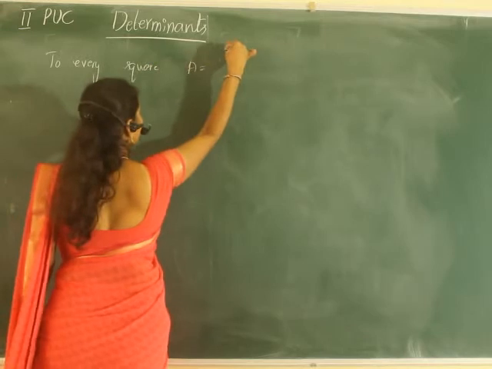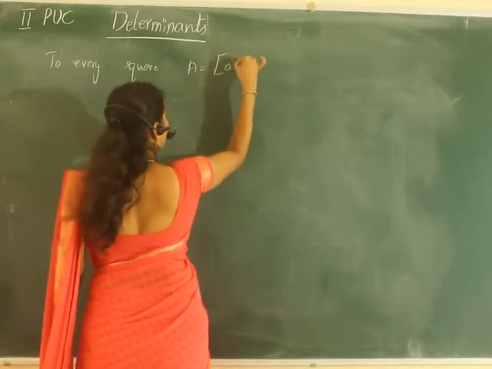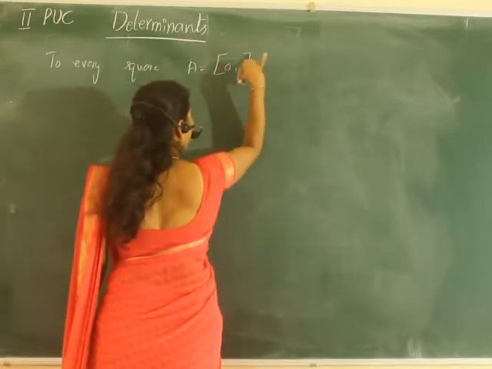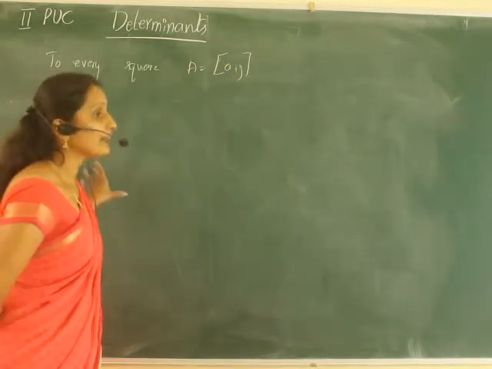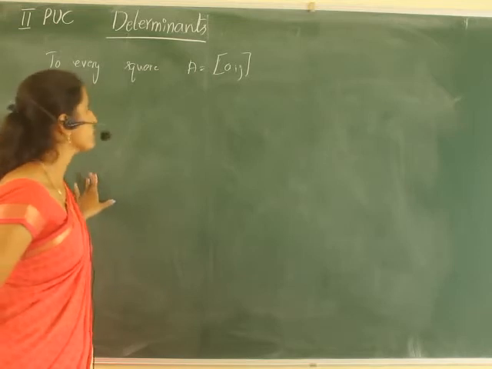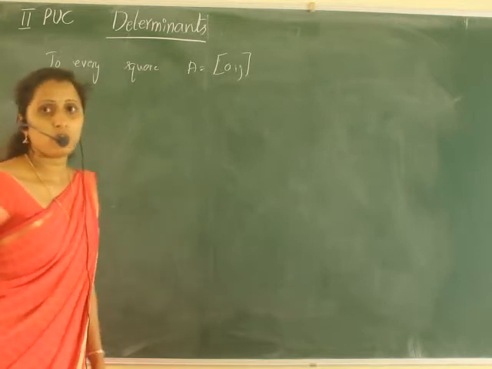For every square matrix A = [aij], we can associate a real or a complex number, which is called the determinant.